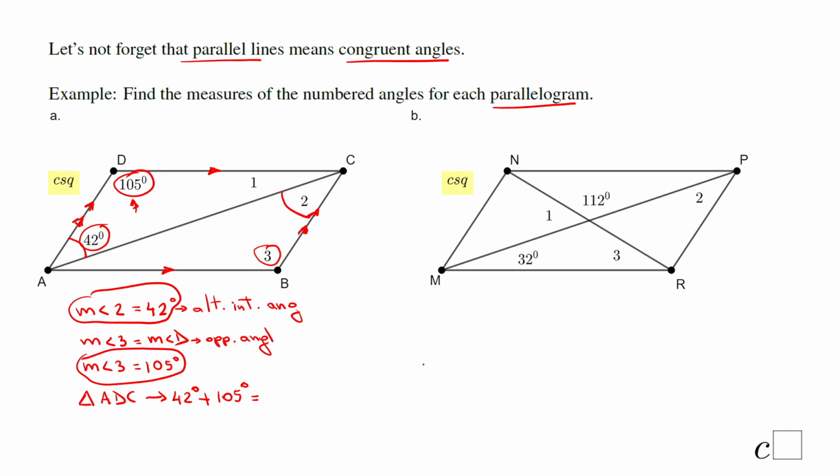That will be 147, and we have to do one more step to find angle 1. We have to subtract from 180. And we get 33 degrees. The measure of angle 1 is 33 degrees.